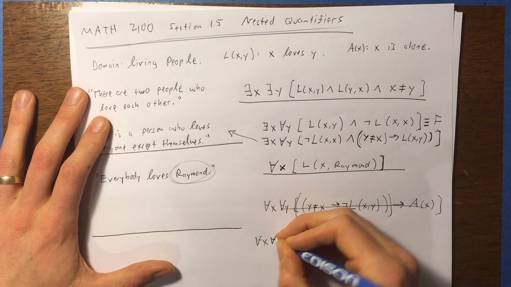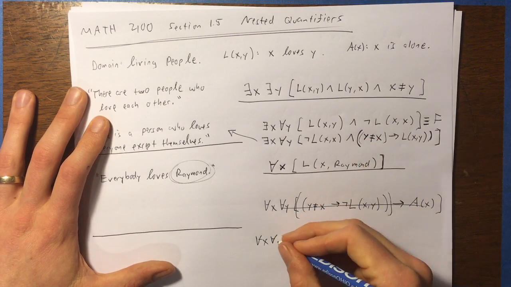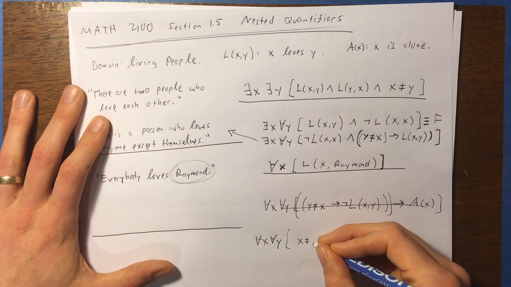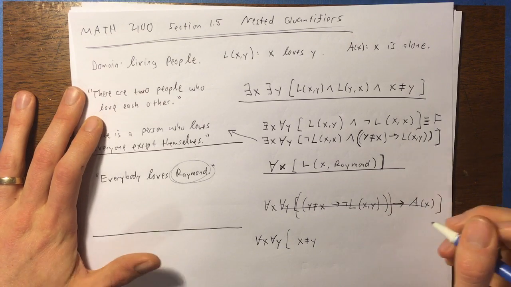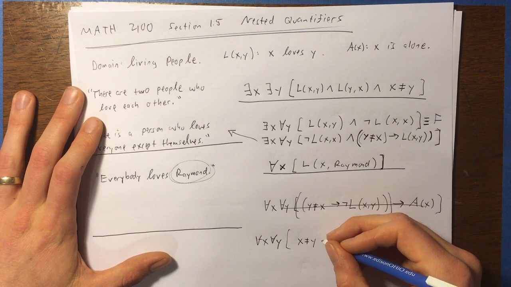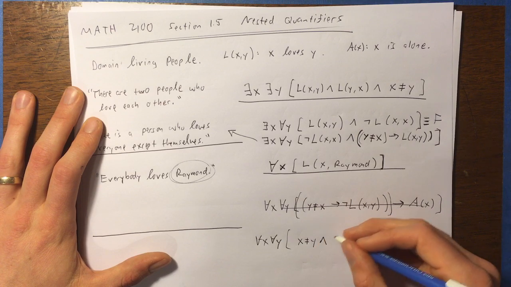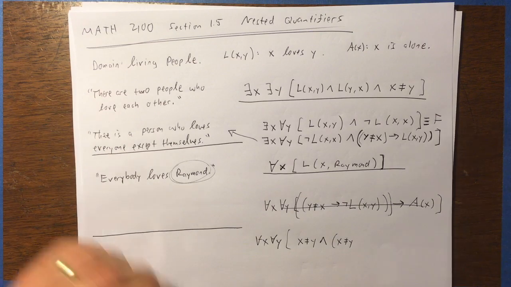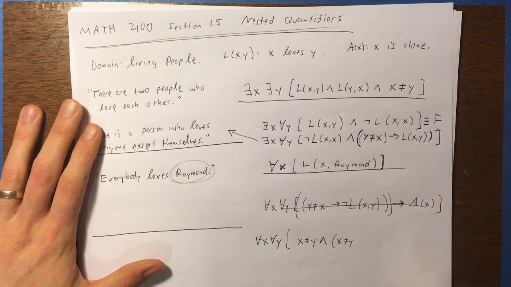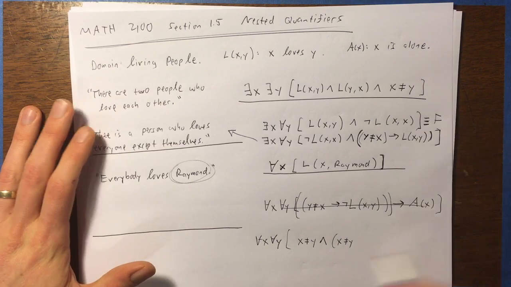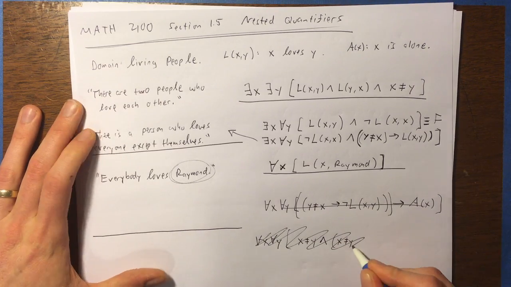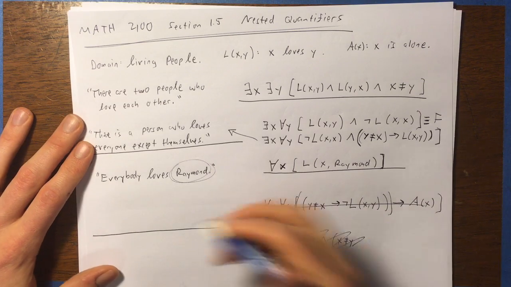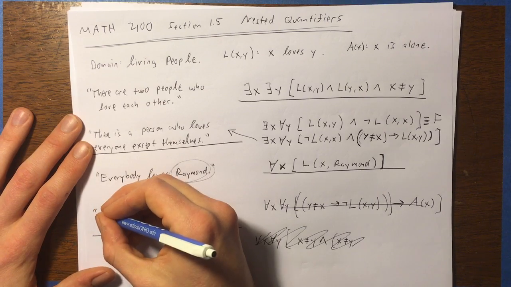I want another X not equal to Y. So I want to say for all X and for all Y, if X is not equal to Y, and whenever X is not equal to Y, no. Oh shoot! I might have to think about this and make a second video. I'll tell you what I'm trying to say, and then maybe you can help me fix it.